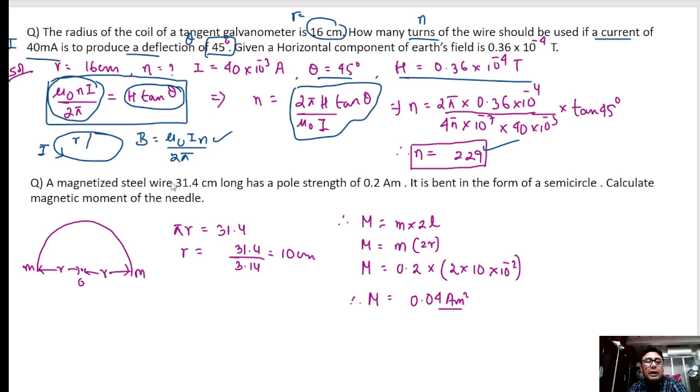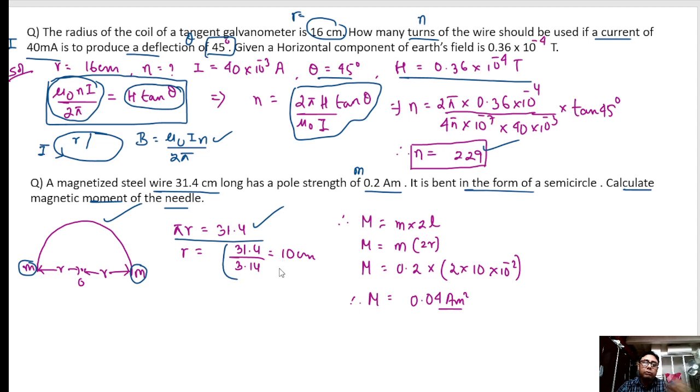Next sum: a magnetized steel wire of given length has a pole strength m and is bent into a semicircle. Calculate the magnetic moment of the needle. So see, this is a semicircle of radius r. This is the magnetic moment of the ends. So we know πr is the semicircle circumference, which is given as 31.4.